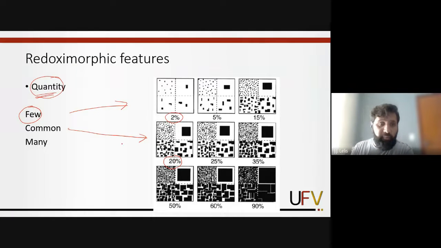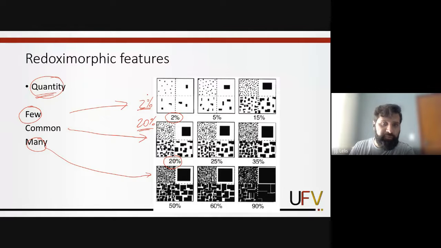And if I have more than 20%, I have many. So 25, 30, 35, 50, 60, 90% of my soil horizon is covered by, or composed of, redoximorphic features. So 2% and 20% are key numbers to identify.